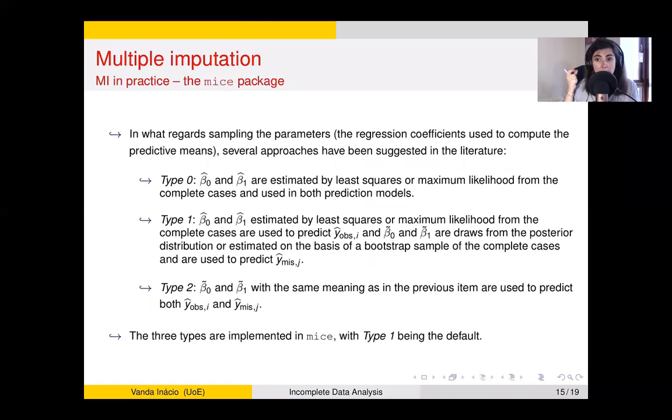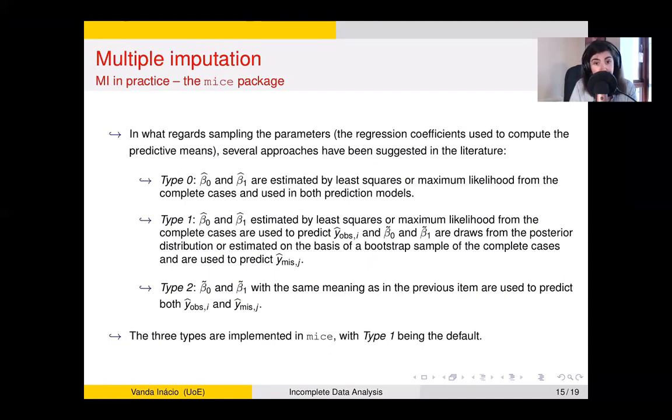And a further point, right? We are computing our predicted means for the observed cases and for the missing cases, and then we take the absolute difference, and we have seen several ways of selecting the donor, but we also need to take parameter uncertainty into account. We are matching the predicted means in the observed and in the missing cases, but they are based on estimates of the regression coefficients.